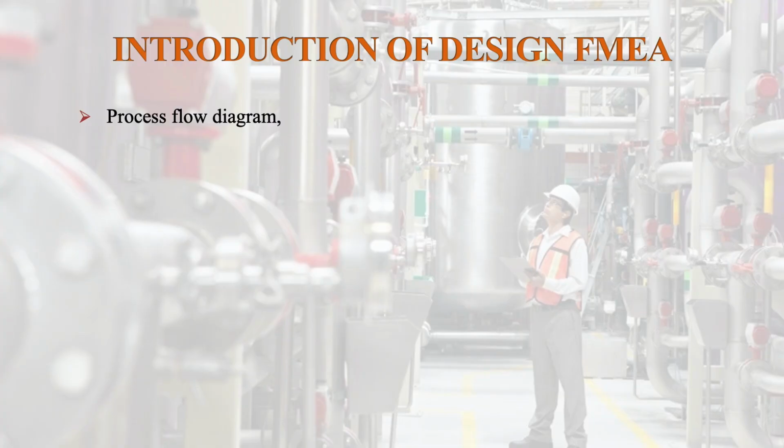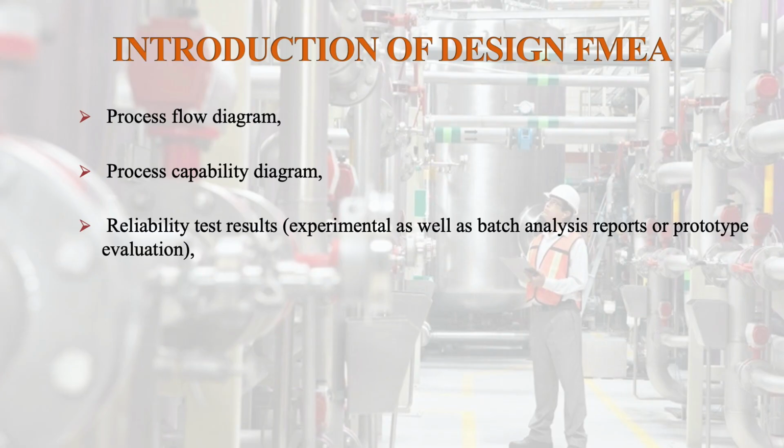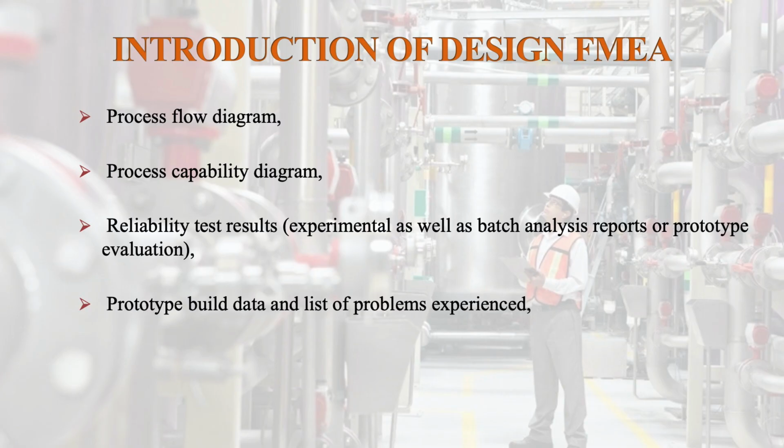new design FMEA team. Process flow diagram, process capability diagram, reliability test results, experimental as well as batch analysis reports or prototype evaluation, prototype build data and list of problems experienced, design of experimental data.